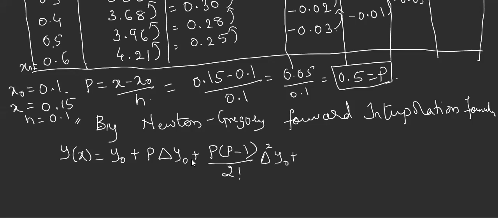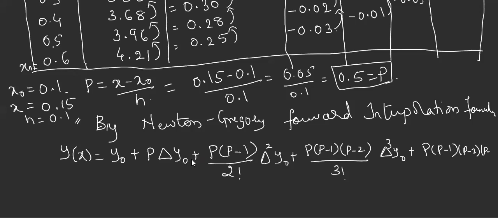Correct? Tell me some more terms. Am I right with this term? Check. P into P minus 1, P minus 2. In backward, we have plus. In forward, the formula I have given clearly, it is minus. You can check it.